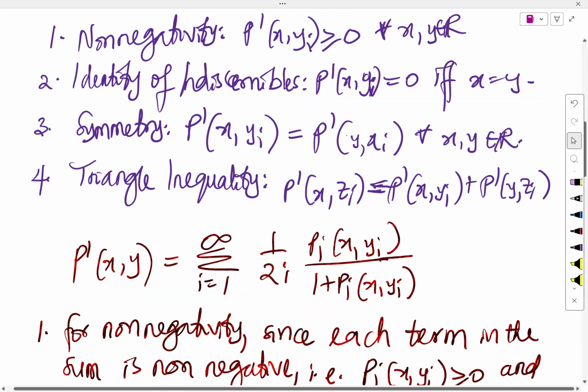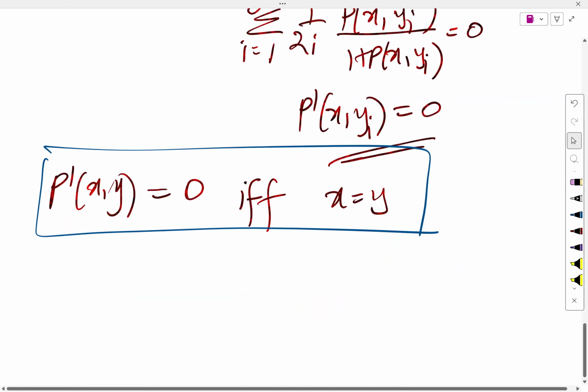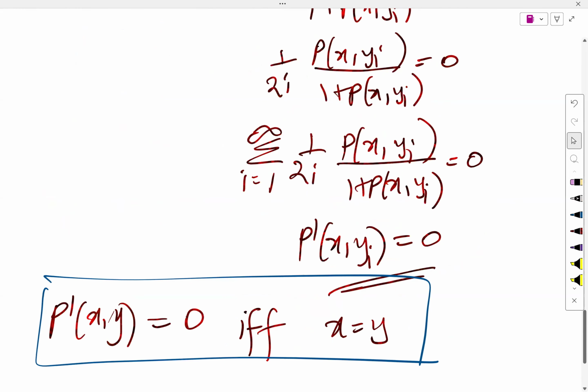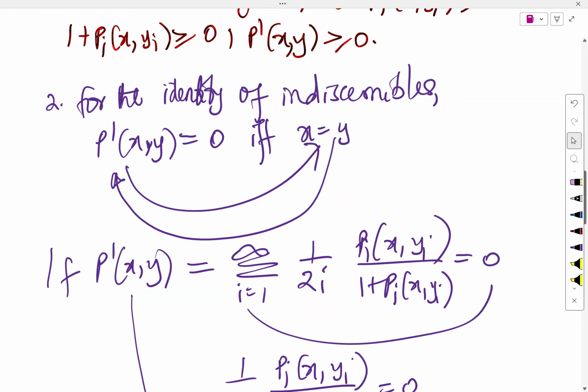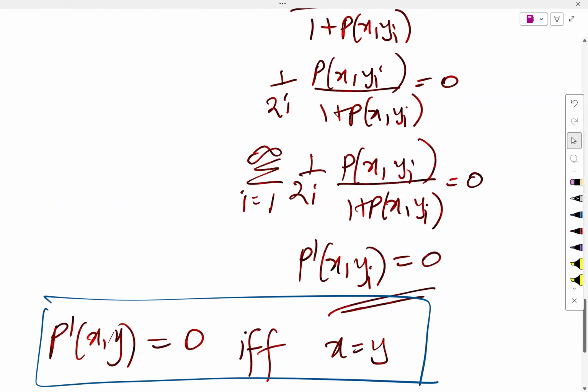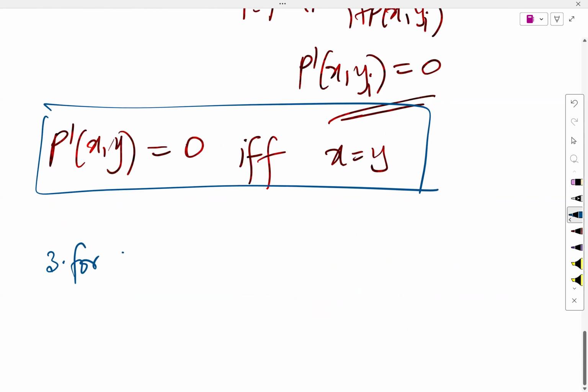Then the next we talk about symmetry, right? So the third thing is symmetry. So I say that number 3 is for symmetry. For symmetry, what do we have?